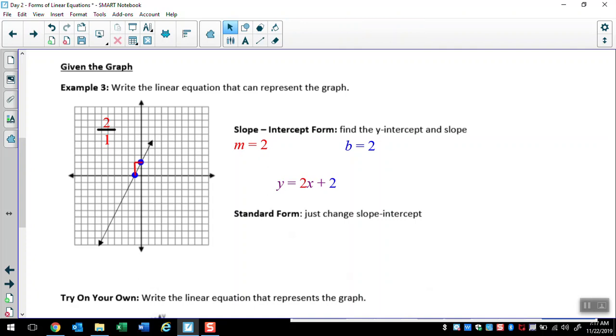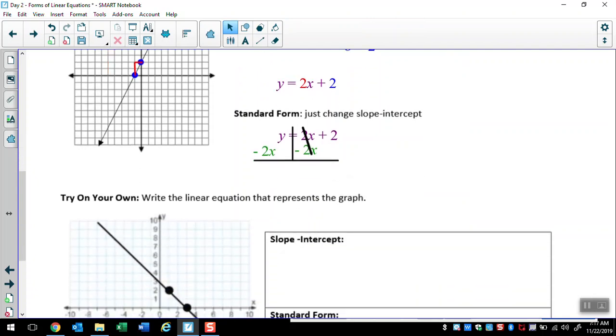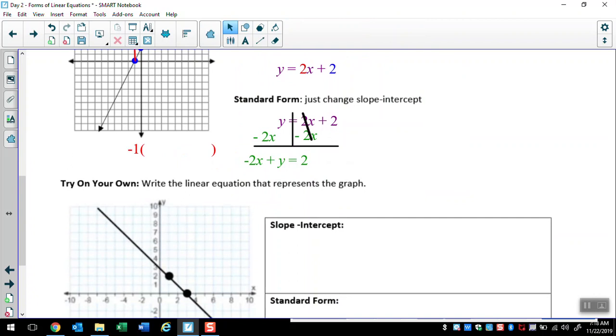Now if I want to convert that to standard form, start with my y equals 2x plus 2. Remember, I need to take this and bring it over to the y. So I'm going to subtract 2x from both sides. These cancel out. I get negative 2x plus y equals 2. Remember our rules for standard form? All 3 coefficients have to be whole numbers.